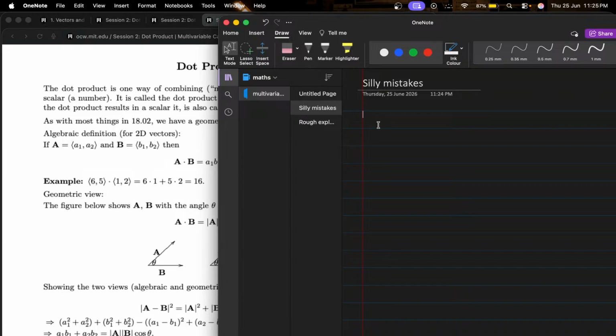The first one that I noticed is misplacing between addition and multiplication. Okay, it's the one thing. Can I save this? Command S. Okay.